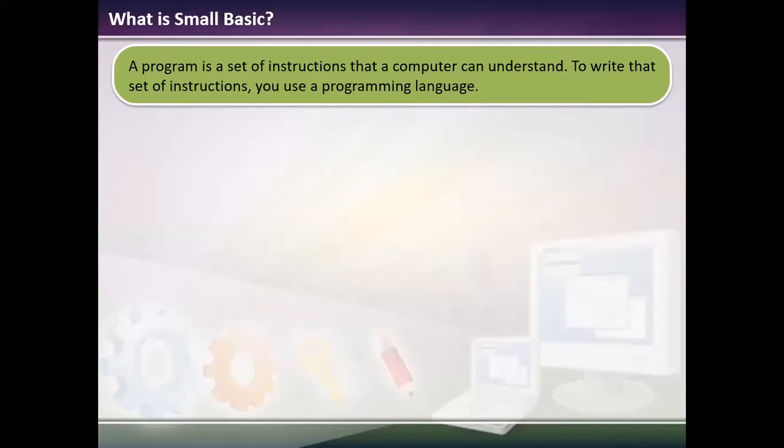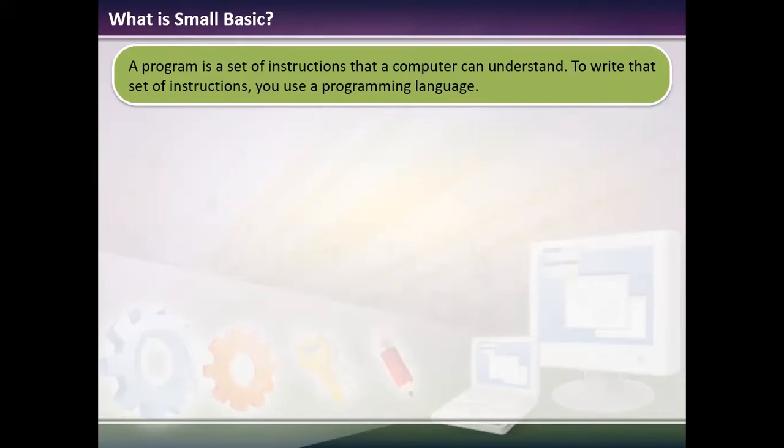For example, using Word software, we type using the keyboard. Using the mouse we select features, making text bold, underlined, or changing its color. Likewise, we are giving instructions to the Word software. Word is a program in the computer.